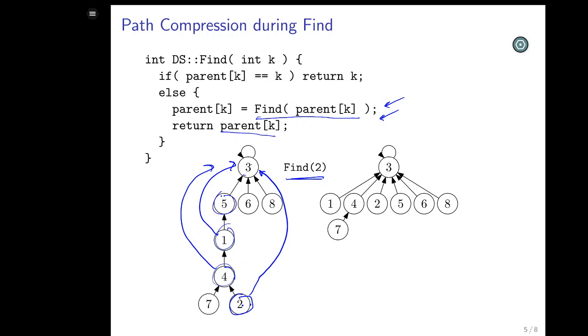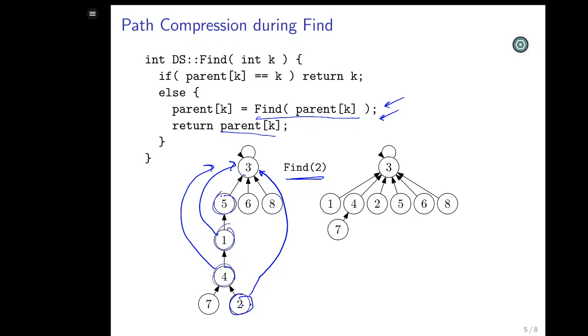Yeah. Is there a way to ensure a height 1 tree? Sure. You can ensure that it's height 1, but you have to do some work to do that. At every step you have to do some work in order to make sure that the trees are of height 1. And the work that you're performing is proportional to the number of nodes in the tree.